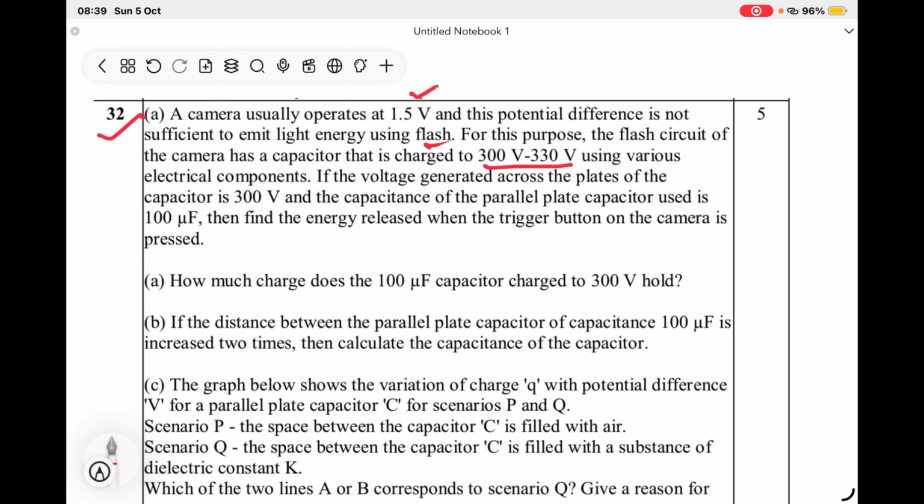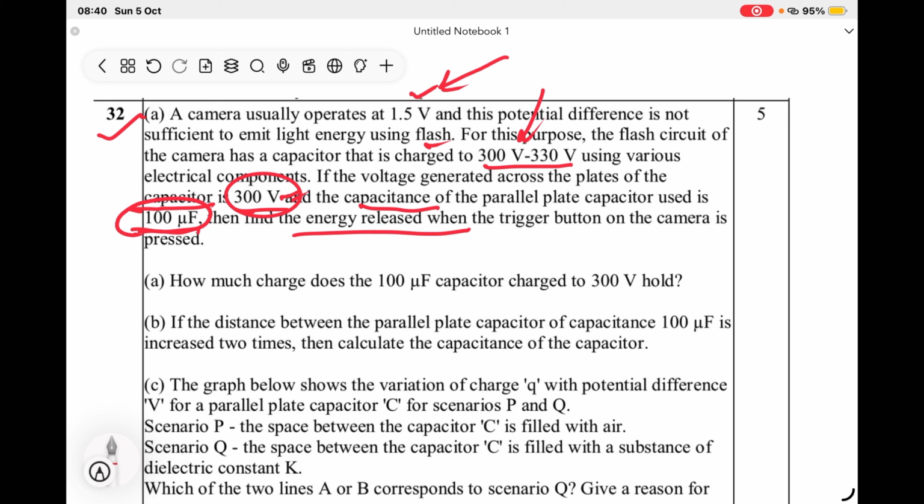The voltage across the plates of the capacitor is this, and the capacitance of the parallel plate capacitor is this. Though many voltages have been mentioned, the voltage across the capacitor is this, so we'll use this. And capacitance is 100 microfarad.